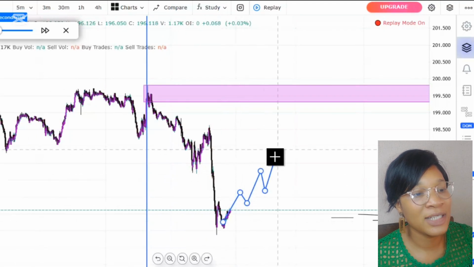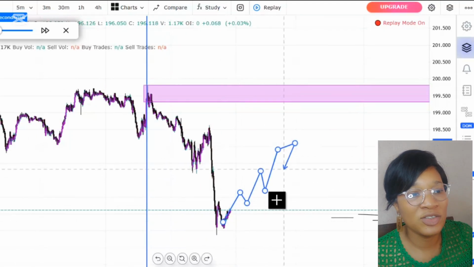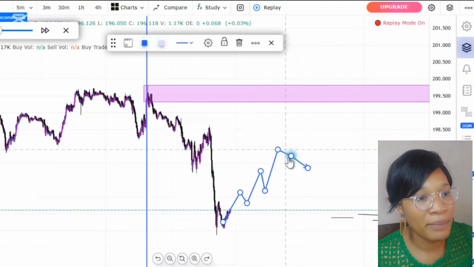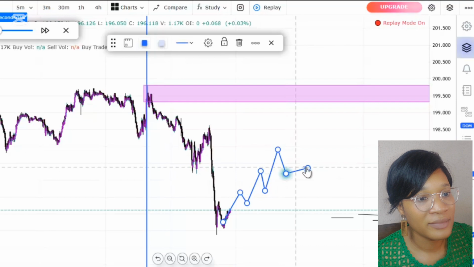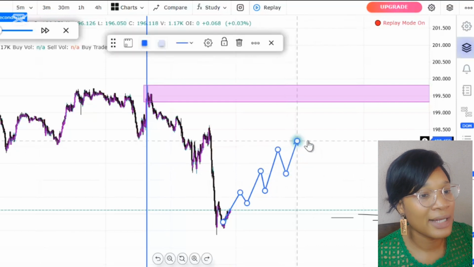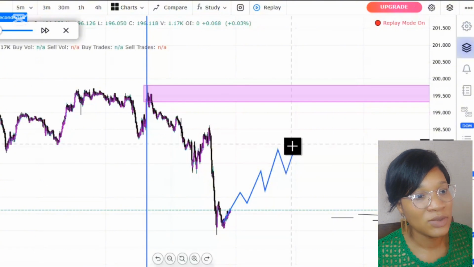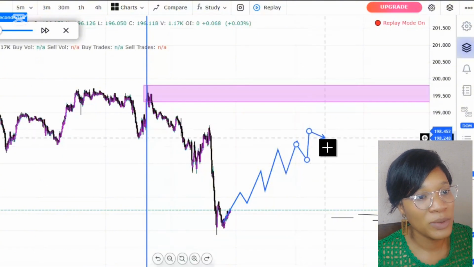Of course, I know that the reason for this buy is just so that price can come to this zone and come into my zone properly. Okay, so let's say price kept on doing this.